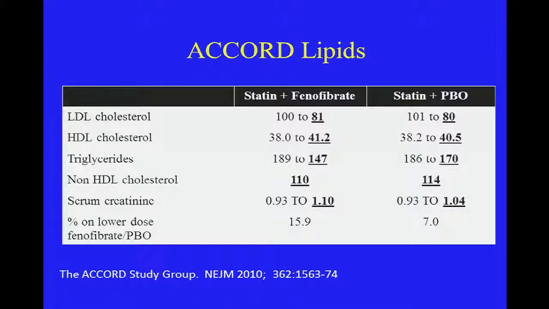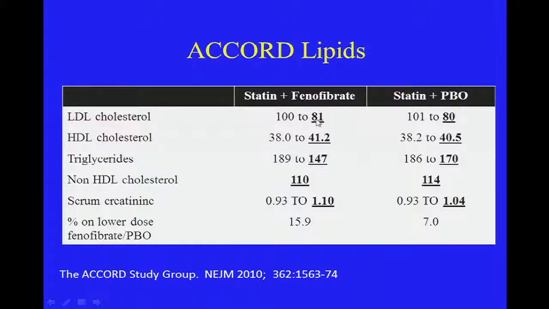When you know something should be good and it's not, you have to go back and look at the study design. The studies may have been designed well, but not achieved big enough differentials to make a difference. That's my interpretation of these trials in general. If we look at the LDL, the dark underlined values are the comparative values at the end of the trial on the drugs.